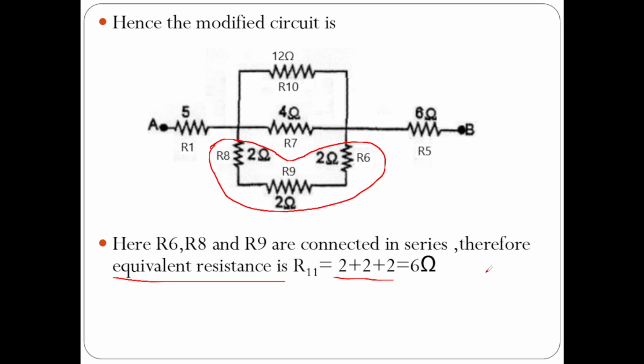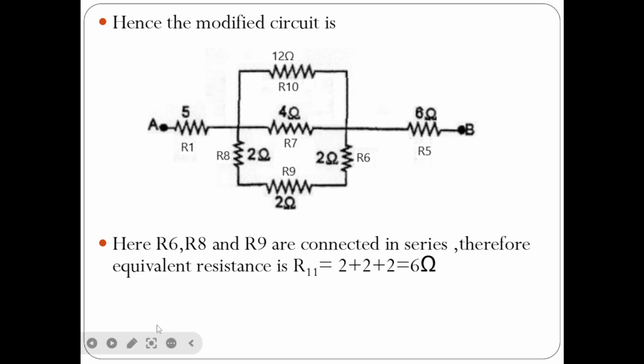I have given the notation R11 to this 6 ohms. So all these 3 resistors are replaced by a single resistor R11 whose value is 6 ohms. Redraw the modified circuit, and you can see R11 whose value is 6 ohms.